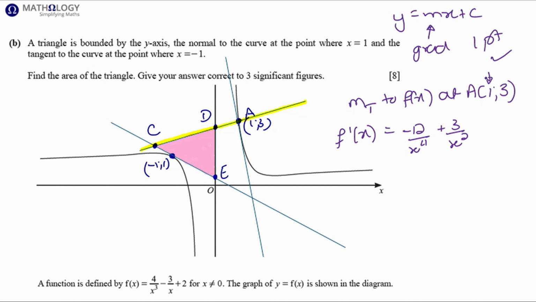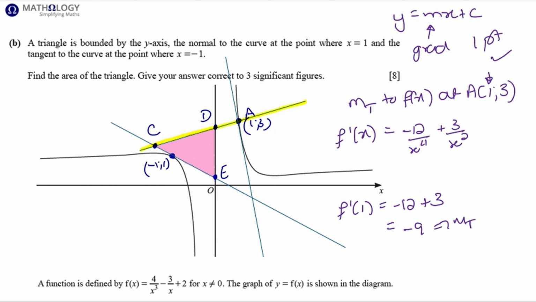At point A, the x value is 1. So f prime 1 will be minus 12 over 1 to the power of 4, still minus 12, plus 3 over 1 plus 3. So the gradient of the tangent to the curve at the point A will be minus 9.